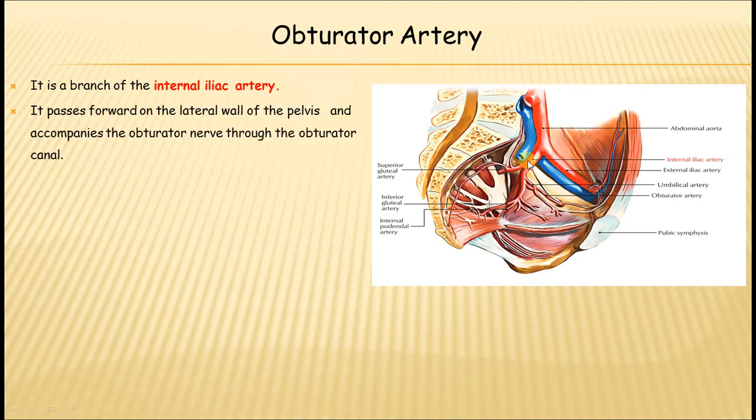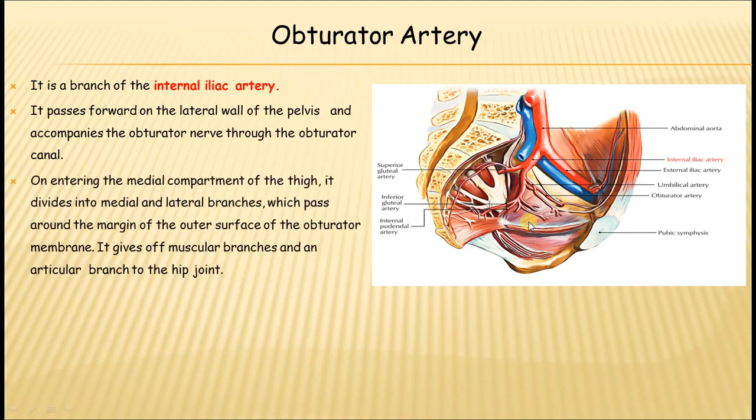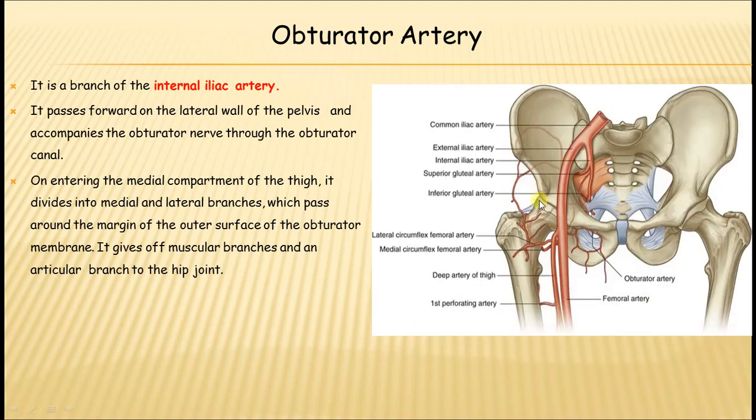It is seen along the lateral wall of the pelvis and accompanies the obturator nerve. Then immediately it divides into medial and lateral branches, anastomosing on the obturator membrane. So that is the obturator membrane covering the obturator foramen.